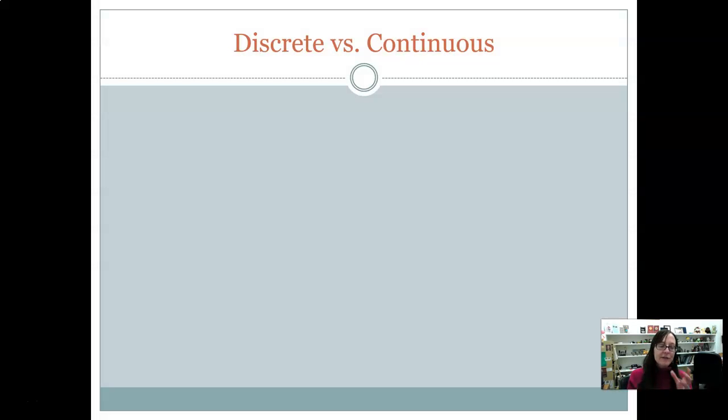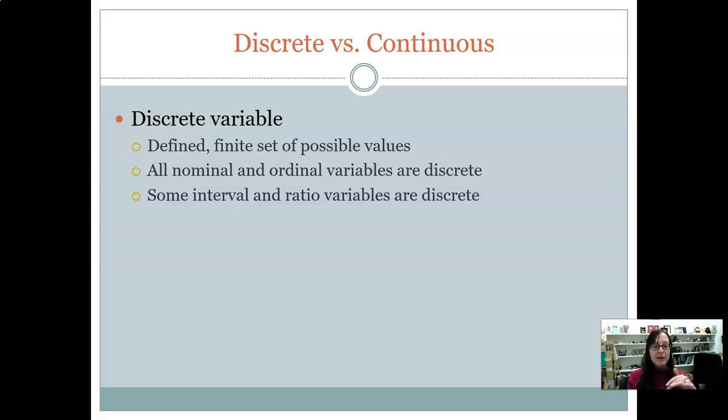Another difference between variables is that they can either be discrete or continuous. Discrete variables have defined, finite sets of possible values. Think of closed-ended questions versus open-ended questions. Closed-ended would be discrete. By definition, all nominal and ordinal variables have to be discrete, because you can't make them continuous.